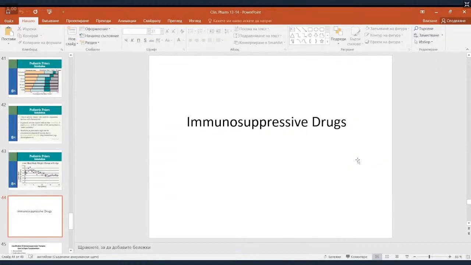For immunosuppressive drugs, which are used also in this population of pediatric patients, especially after liver transplantation. And you know that patients with biliary cirrhosis due to absence of biliary ducts get end-stage liver failure and they require liver transplantation.